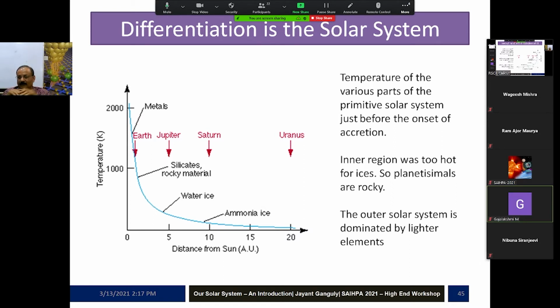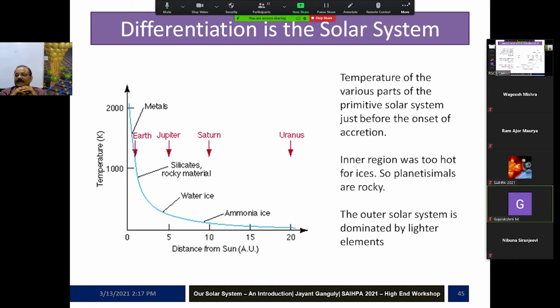The model gets more justified and more reliable. Now one more good thing we can see is that if you plot the temperature versus the distance from the Sun of different types of objects, it follows a particular curve. As you move out from the Earth, the temperature decreases, and different types of water ice, ammonia, methane, and all those things dominate.